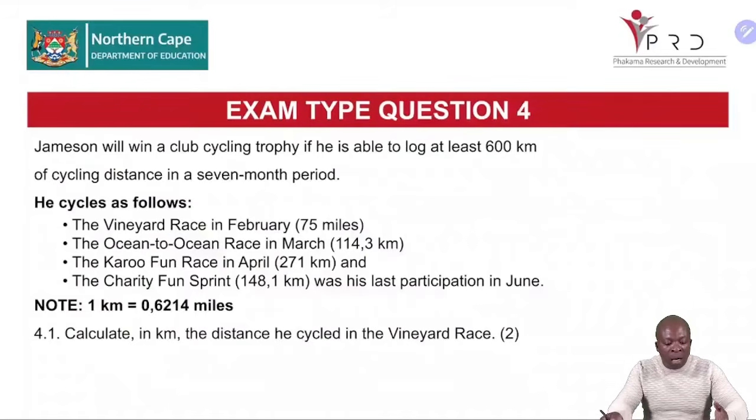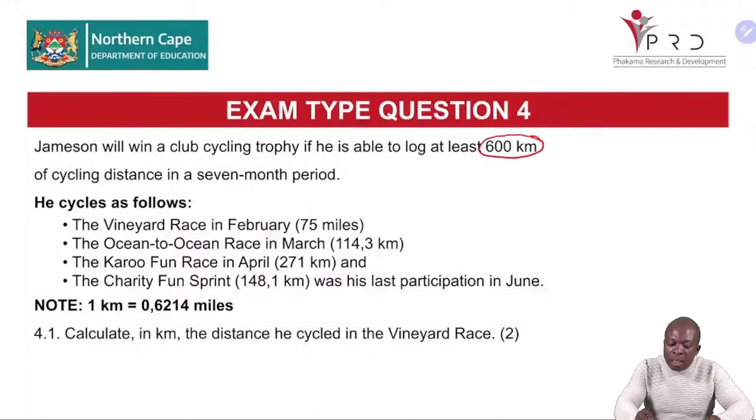All right, now let's look at some more questions then. Jamison will win a club cycling trophy if he is able to log at least 600 kilometers. Do you see what I keep doing? Every time the examiner gives me the value, I circle it. And I want you to get into that habit.